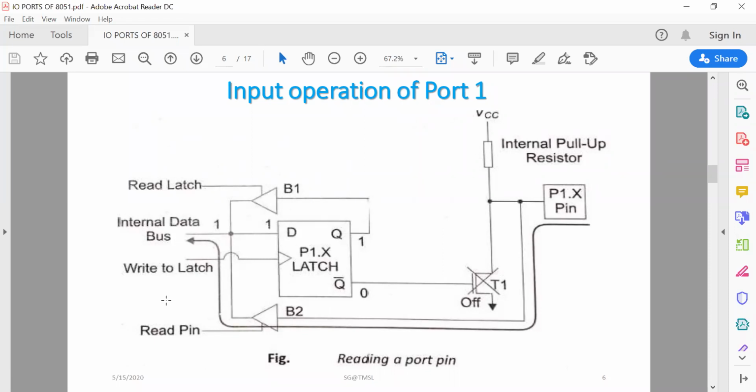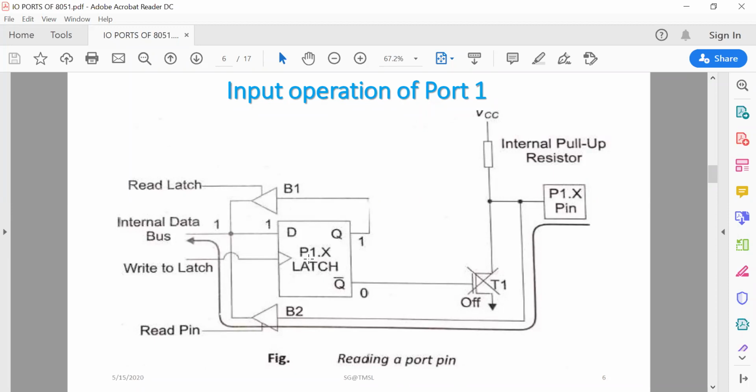If a 0 is written by the program to a port latch, it can be reconfigured as an input by writing a 1 to it. Every time the reset signal is given, it goes into the input mode, and you can change it by the software method, by programming.